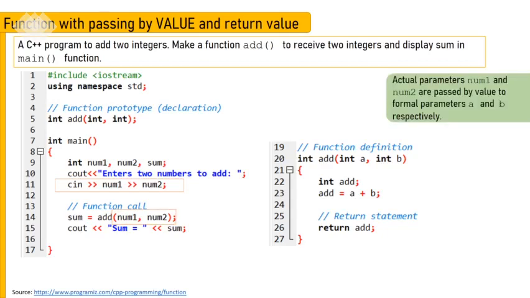Actual parameters num1 and num2 are passed by value to formal parameters A and B respectively. So here, a copy of the value of num1 is sent to A, and a copy of the value of num2 is passed to B.